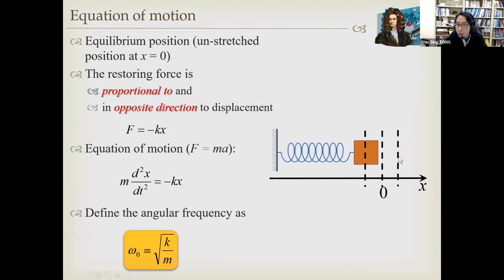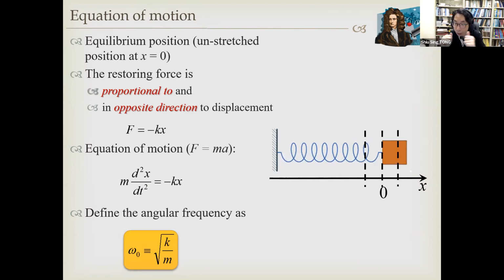Now, this is the oscillation of the spring that we studied, right? It attaches to a wall and is allowed to oscillate horizontally about the equilibrium position. The restoring force, we assume it to be a Hookean spring, so that it is proportional to the displacement. The displacement is actually the extension of the spring, the amount by which the spring is stretched or compressed.